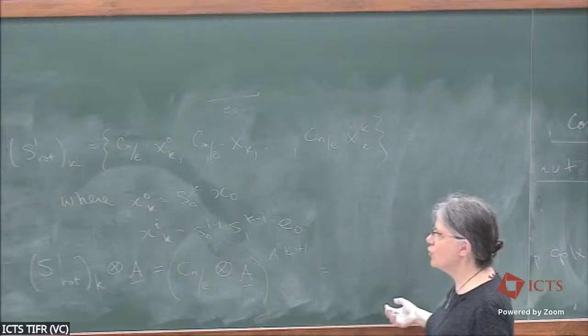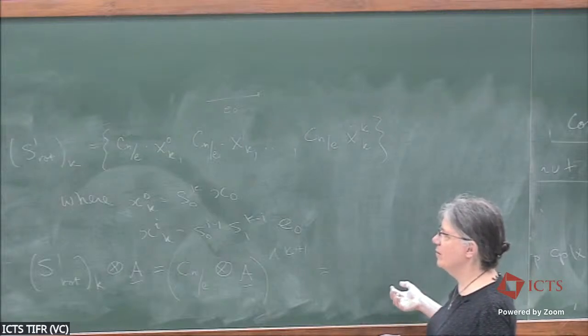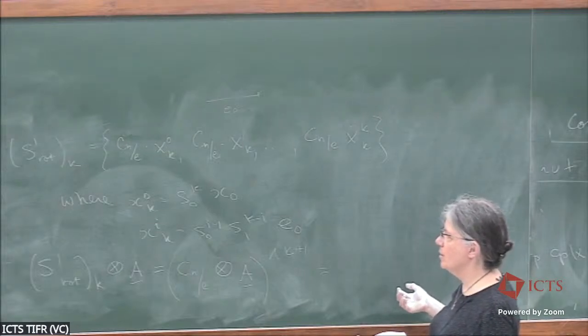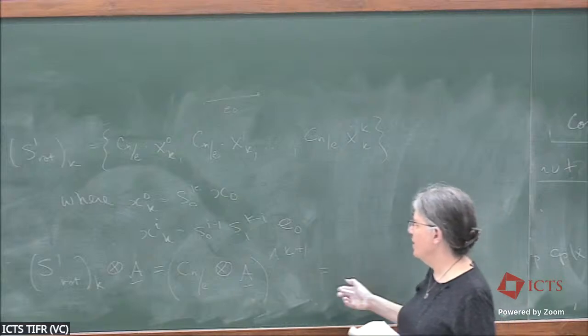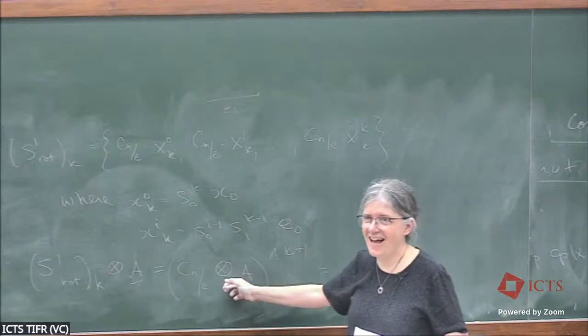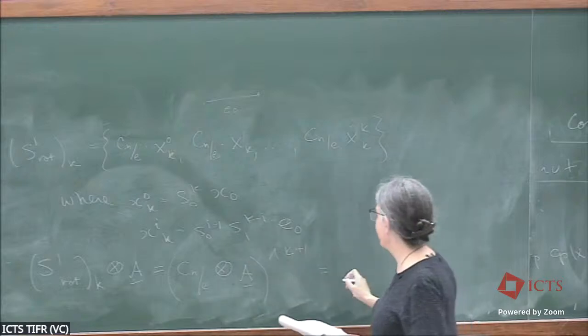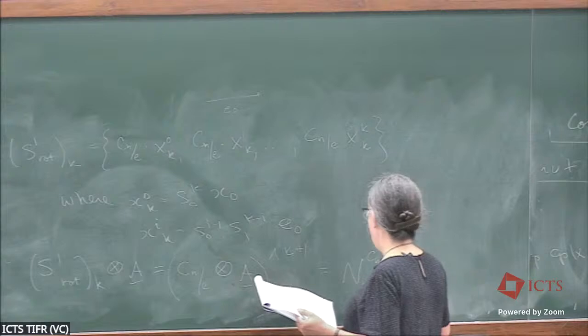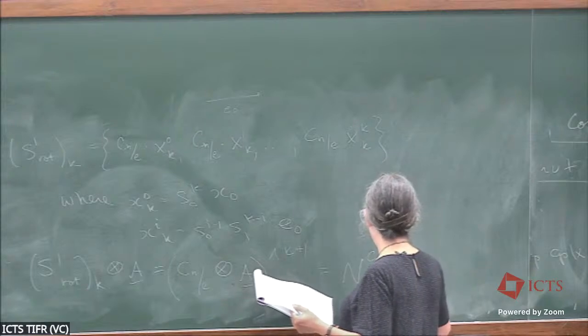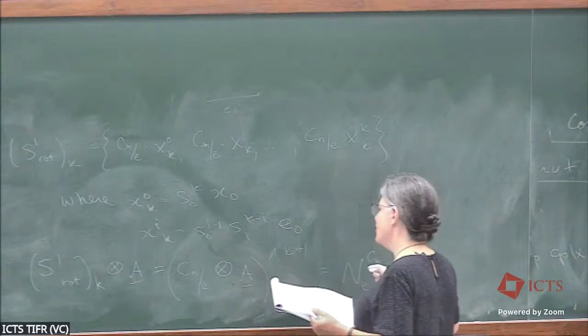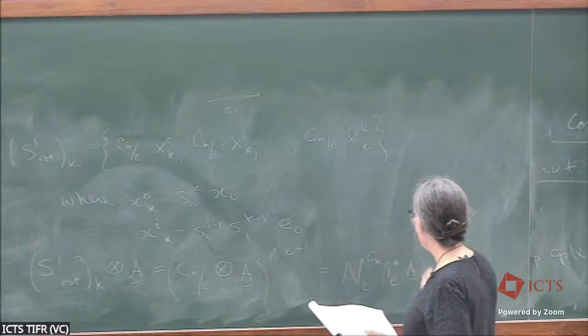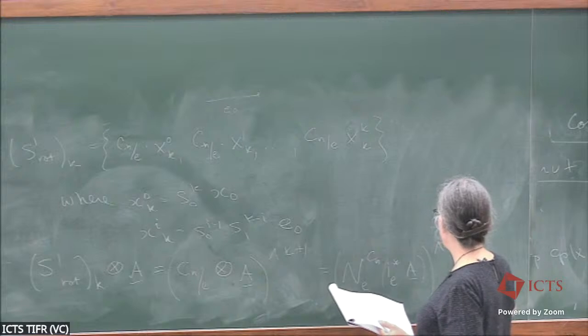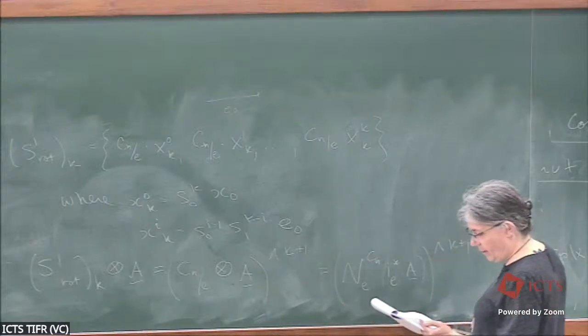If you do it this way, A should be a genuine Cn spectrum, but if I want to do this, I'm going to forget the Cn action. Okay, so I get N from e to Cn, i e star A, which is why you can do it to any old spectrum. And then I do smash k plus 1. Okay, good.